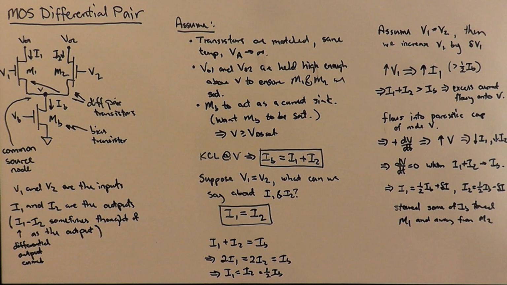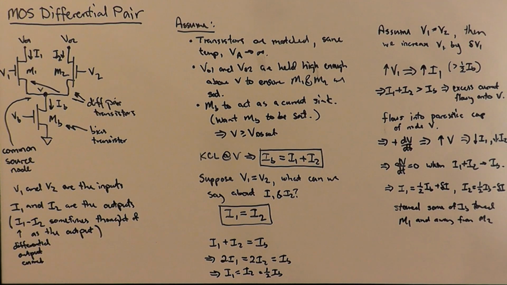Well, the source voltage decreasing in M1 and M2 has the effect of increasing the current I1 and I2 by some amount. And that increase in both I1 and I2 will continue until the sum I1 plus I2 is restored back to IB. When that happens, we wind up with a little bit less current than IB over 2 flowing in M1, and a little bit more current than IB over 2 flowing in M2.